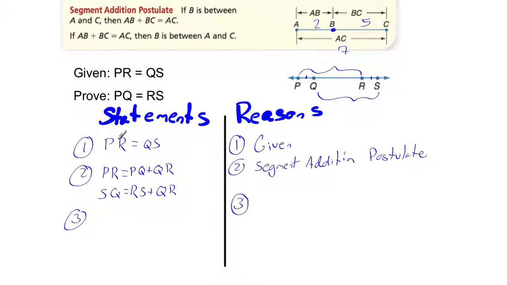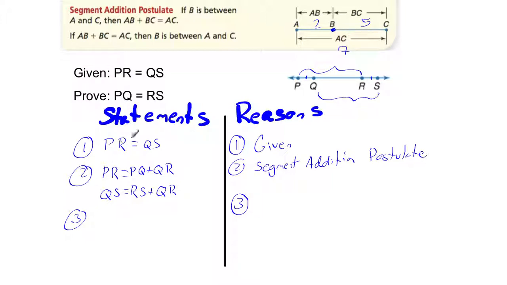Now it's given that PR is equal to QS. And actually, if we remember when we talk about segments and lines, it doesn't matter the order that we write them in. So I wrote it as SQ. I'm actually going to change that real quick to QS because that's the format that was given before.